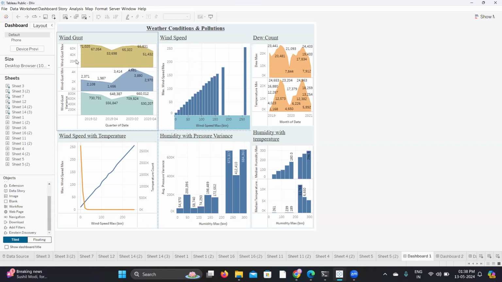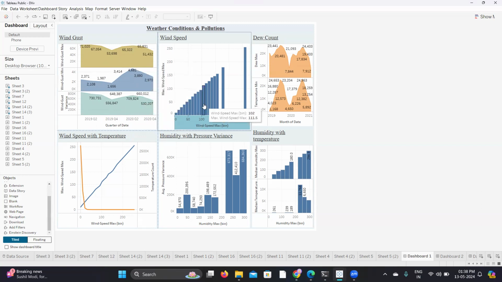Each bar is color coded based on intensity, with darker shades indicating higher speeds, which depicts the total count of wind gust measurements recorded during each quarter. So we can see what's happening in each quarter for each variance.